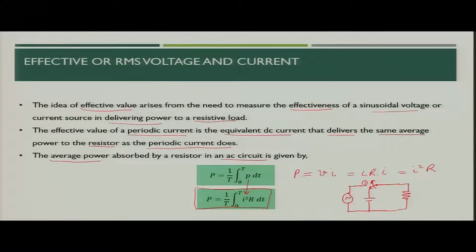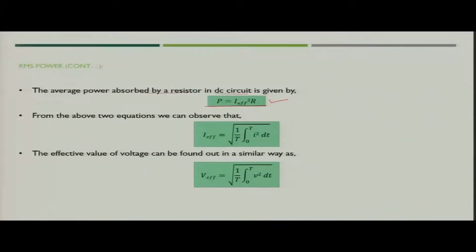It means that the power value should be equated when the DC current is flowing and when the AC current is flowing. So, in that case what we can say? We can say P, which is I effective square R in this case, is equal to 1 by T integral 0 to T I square R dt.